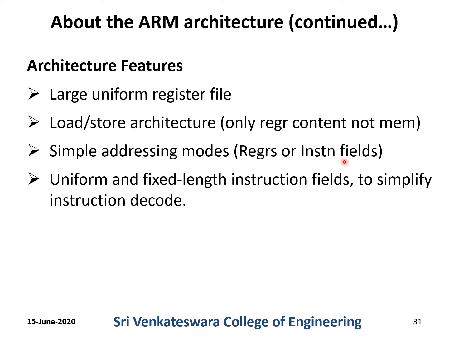But the operands are not directly accessed from the memory or processed by the instruction directly from the memory. The next feature is all the instructions are uniform in size, mostly 32 bits in size, and if it is a thumb instruction, it is 16 bits in size. So this simplifies instruction decoding.